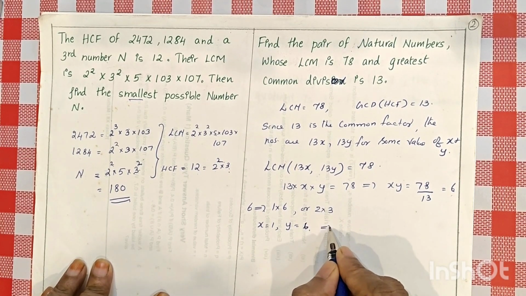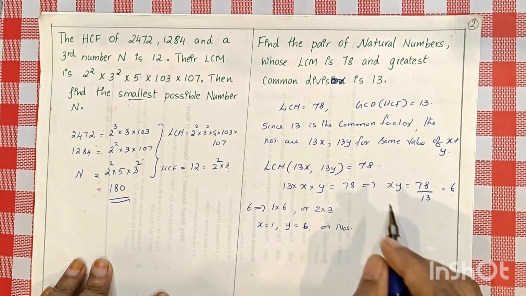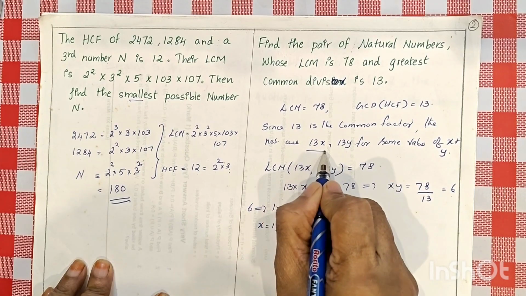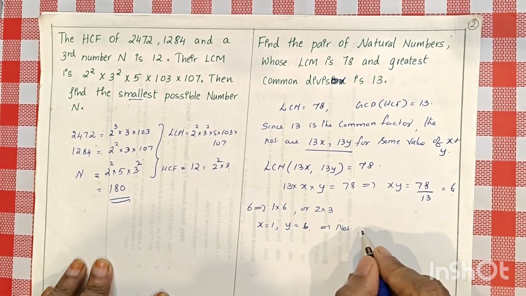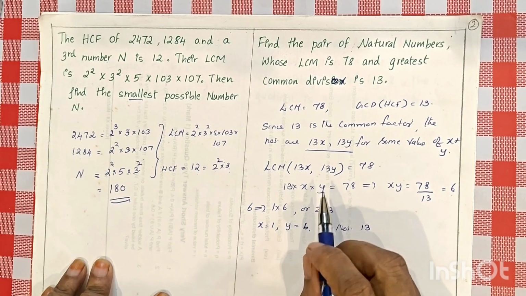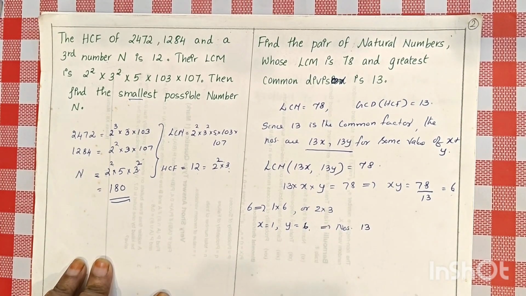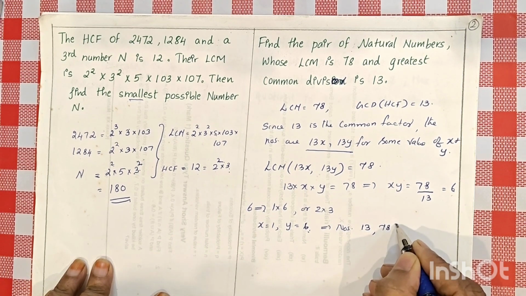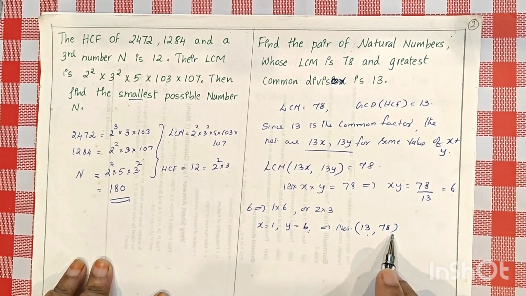So the numbers are 13x and 13y. 13 into 1 is 13 and 13 into 6 is 78. See, one pair is 13 and 78.